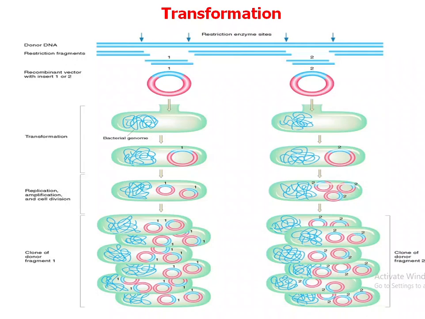Each recombinant plasmid that enters a cell will form multiple copies of itself in that cell. Subsequently, many cycles of cell division will take place and the recombinant vectors will undergo more rounds of replication. The resulting colony of bacteria will contain billions of copies of the single donor DNA insert. This set of amplified copies of the single donor DNA fragment is called the DNA clone.